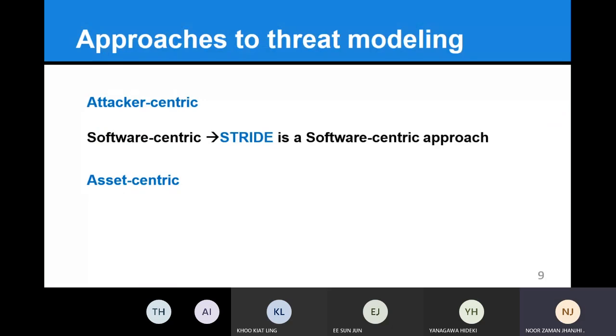So when we design a threat model, we need to know the organization's requirements: what type of issues you have and what you need a solution for. So mainly there are three approaches: attacker-centric, software-centric, and asset-centric.